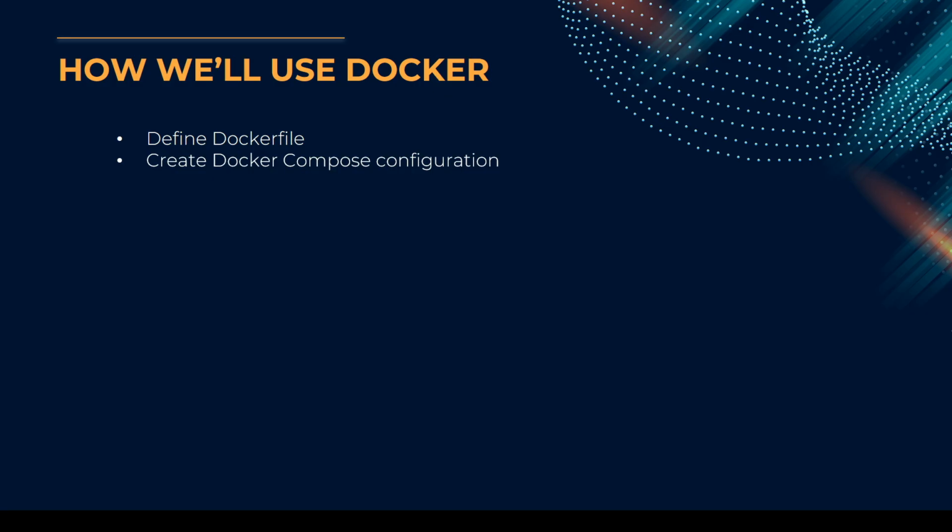This will tell Docker how to run the images that are created from the Dockerfile configuration. We are going to run all the commands that we need for this project through Docker Compose. So that's an overview of what we are going to be doing for our project setup.